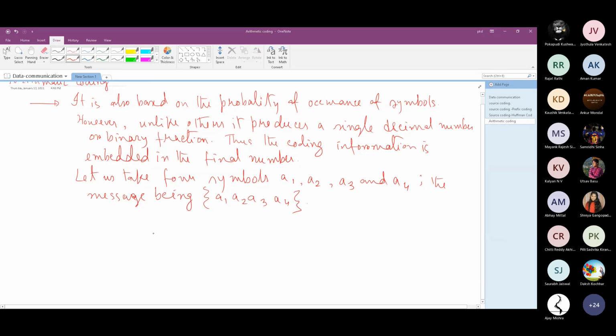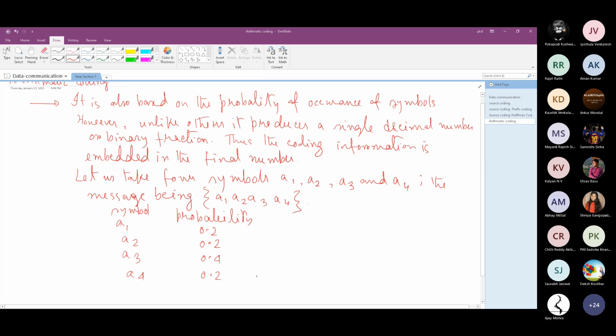A1 has a probability 0.2, A2 0.2, A3 0.4, and A4 0.2.